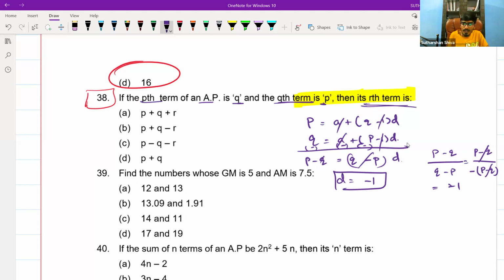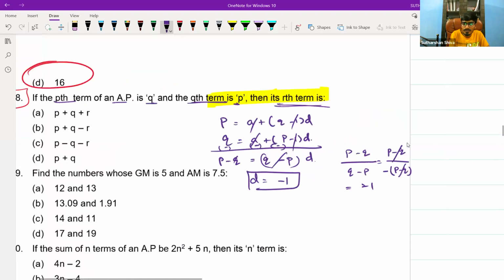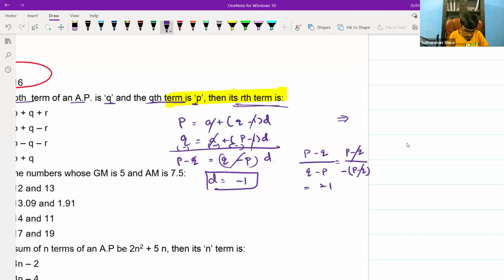Okay, minus 1 is the D value. From the D value, I will substitute into the equation. So P equal to A plus (Q minus 1) into D, because D I know, right? I will substitute in this. If I substitute, it will become P equal to A plus (Q minus 1) into minus 1.